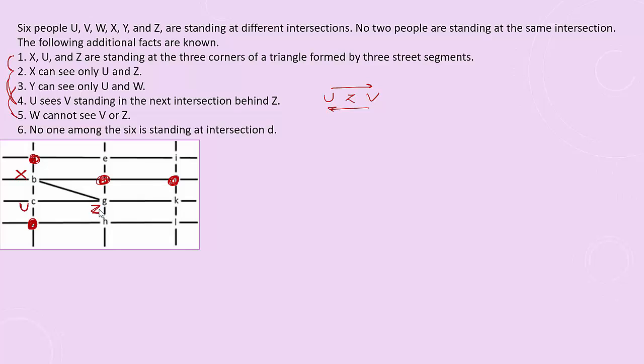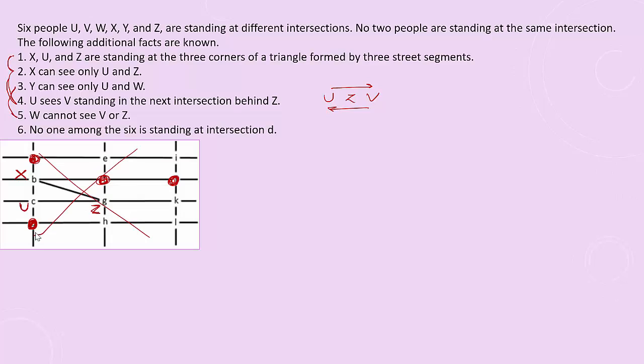Then Y can see only U and W. That is definitely not possible in this case, because if Y will be here, that means U cannot be at this point, right? There is no other possibility. So this case is definitely ruled out, right? So this is my cancelled case.